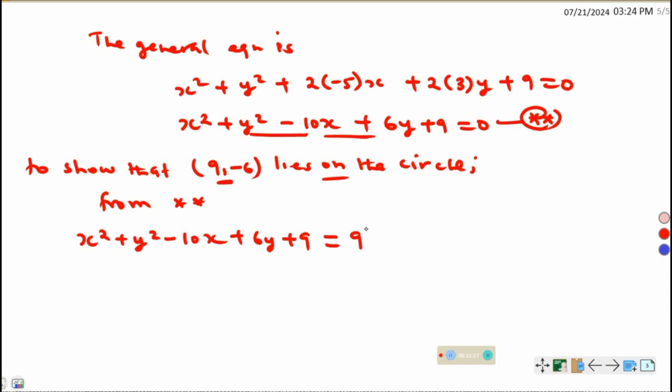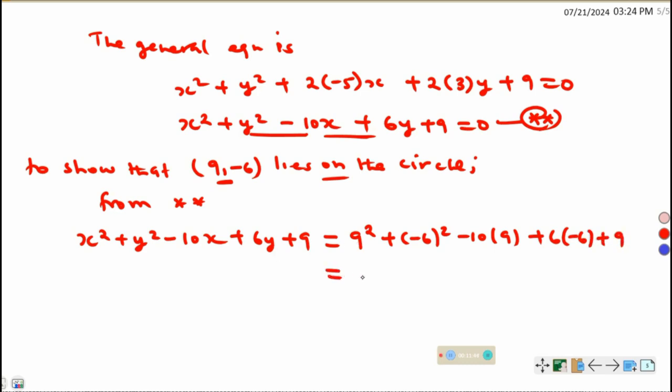So this will be 9 squared plus negative 6 squared minus 10 into 9 plus 6 into negative 6, then plus 9.